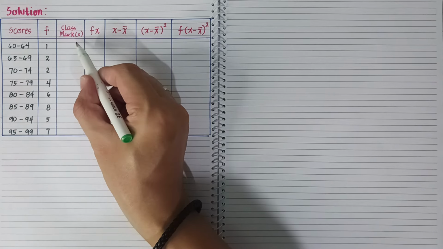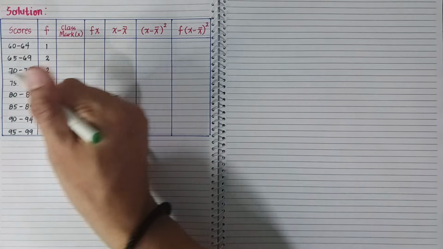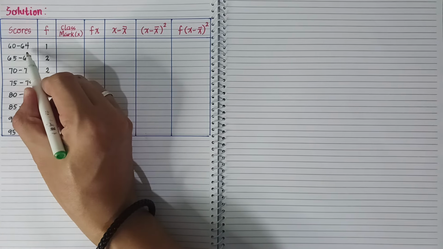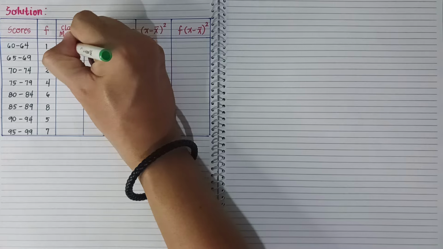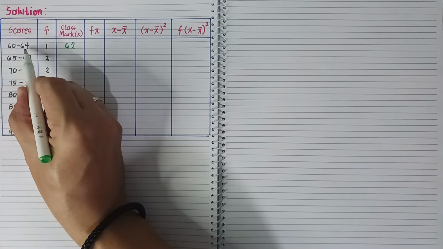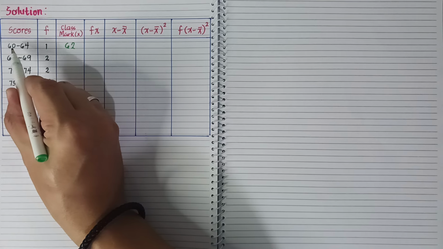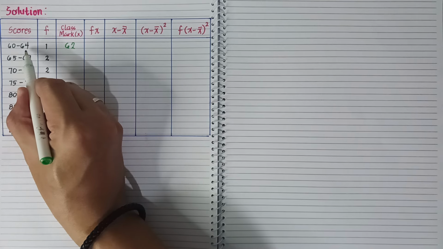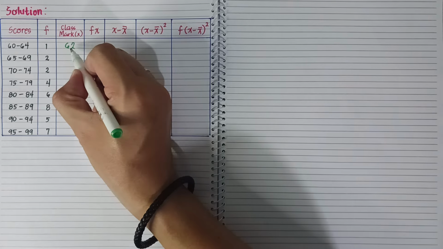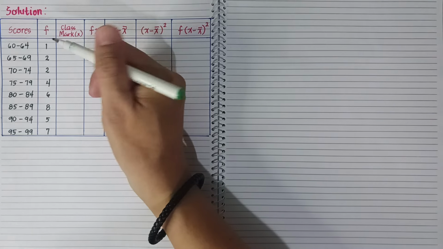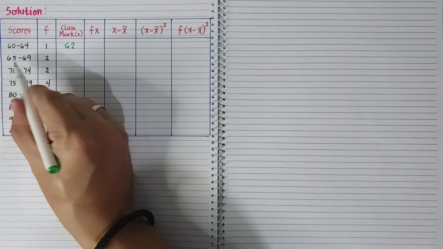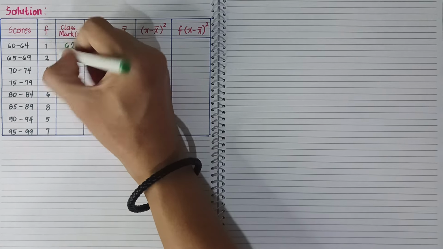So, 60 plus 64 is 124, divided by 2, that is equal to 62. Ulit, lower boundary added by upper boundary divided by 2. 60 plus 64 is 124 divided by 2 equals 62. Then 65 to 69: 65 plus 69 divided by 2 is 67.